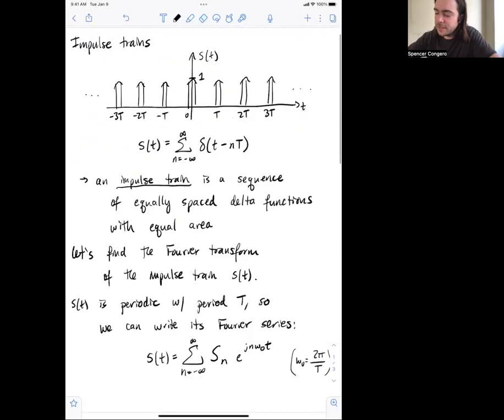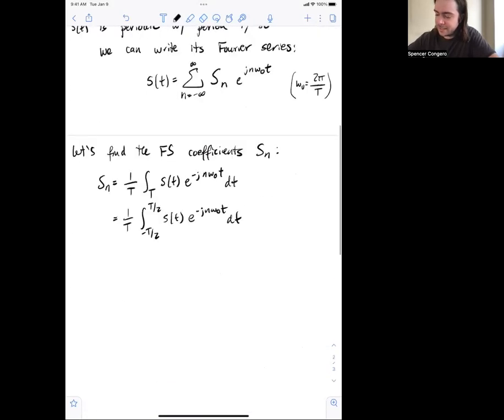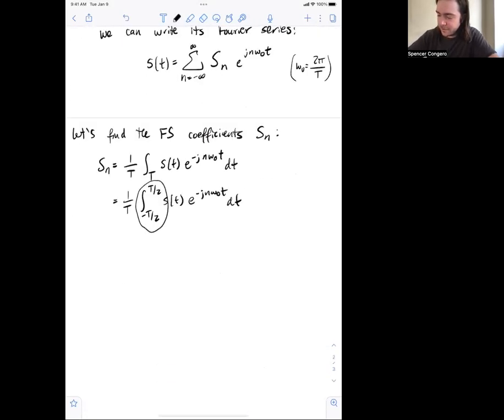Okay, so if I'm integrating from negative T over 2 to T over 2, what does my function s of t equal in this range? You can see it just equals delta of t. s of t just equals delta of t between negative T over 2 and T over 2, right? So it's really nice. If that's the case, and I'm only integrating over that range, I might as well substitute in that simpler function for s of t.